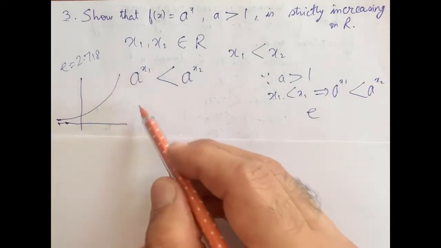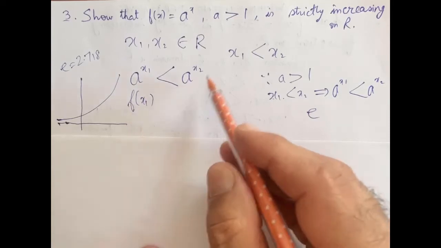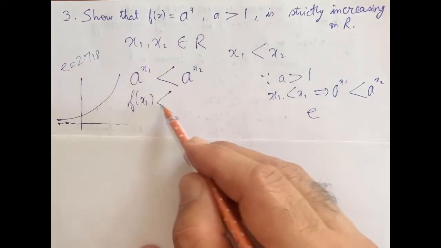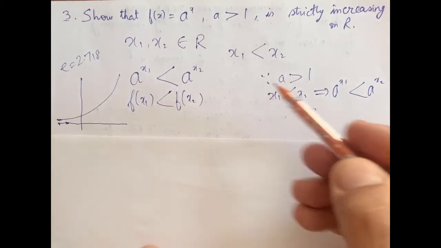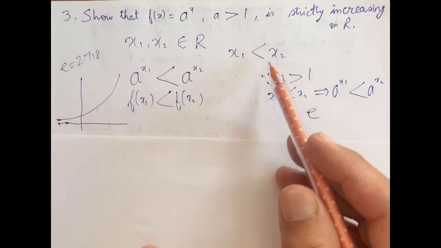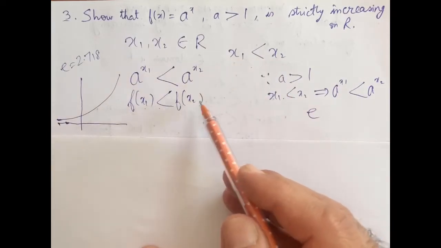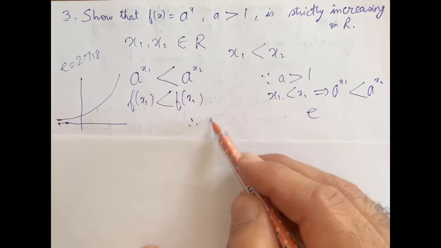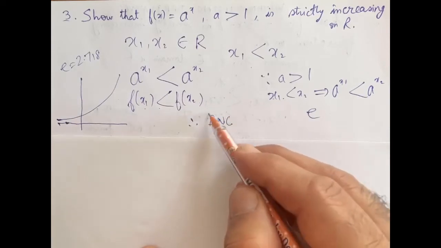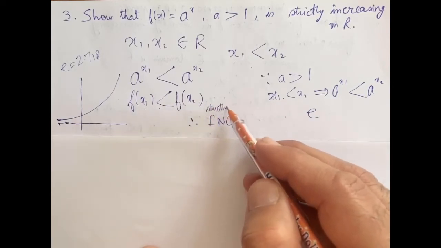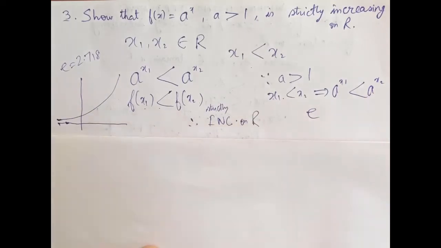So a raised to x1 is f of x1 and a raised to x2 is f of x2. From x1 less than x2 we have proved f of x1 less than f of x2. Therefore this function is strictly increasing on the set of real numbers.